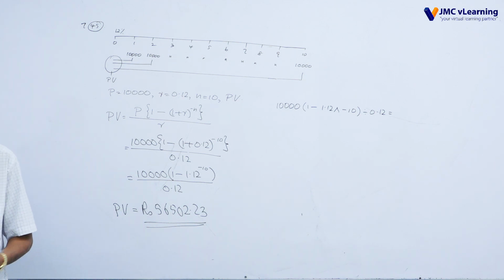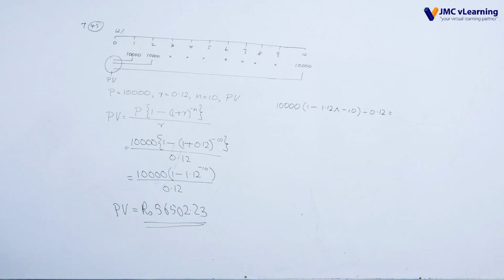Now here you include these two terms also. What is the present value of an annuity that pays rupees 5,000 per month at the end of every month for 5 years if the discounting rate is 18% per annum?